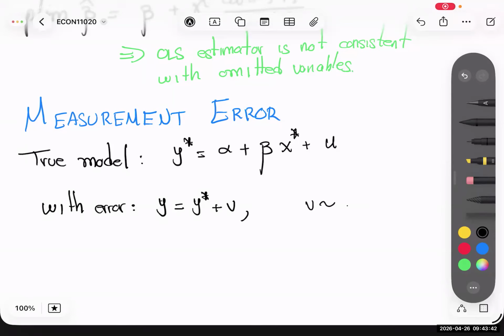There is a mistake in the measurement of Y, and we will assume that this error term is distributed normal with mean 0 and variance sigma squared V. We also have another expression for the error term in the case of the independent variable, or the regressor X measured with error, which will be the one without error plus an error term, where that error term also distributes normal.